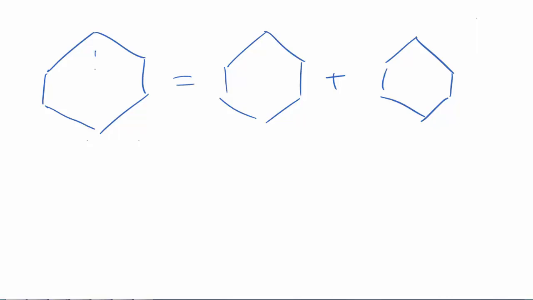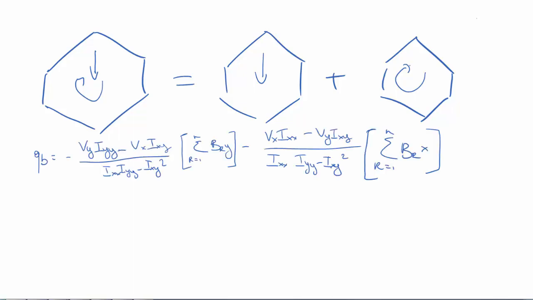Superposition. This means that the section with the vertical shear force and the torsion acting can be split up, first considering the shear force and then considering only the torsion. We know that the equation for calculating the shear flow in an idealized structure is this one. Now, let's take a closer look at it, because we can make our lives a lot easier here. We know that there's no Vx acting on the structure and that Ixy is 0 because the structure is fully symmetric.